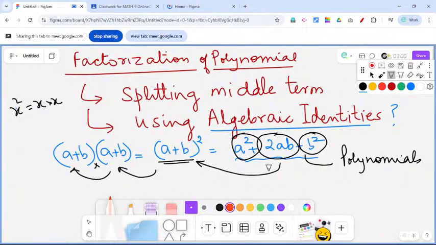When you say multiplied, that means you are factorizing it. So in a way, you have factorized this polynomial into this form. So this is by using algebraic identity.